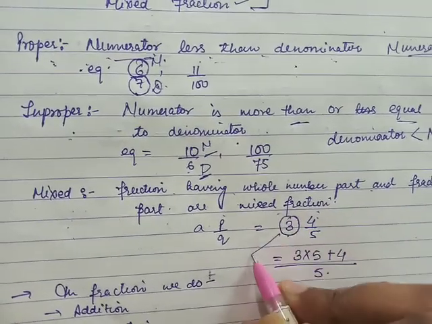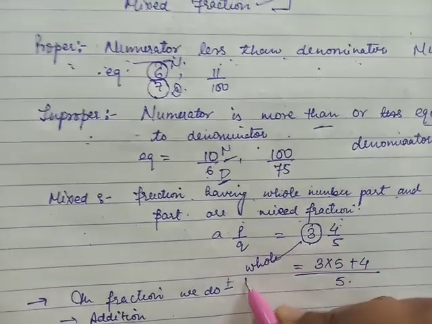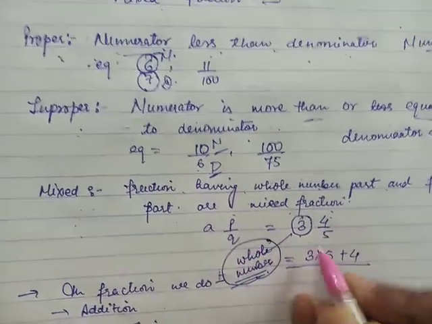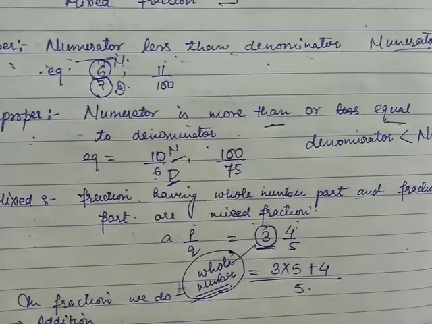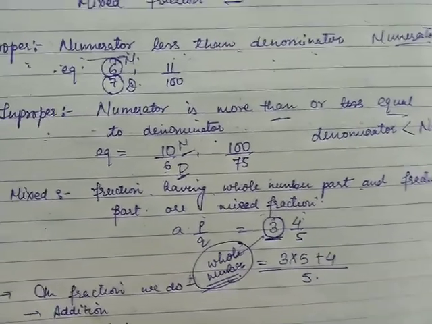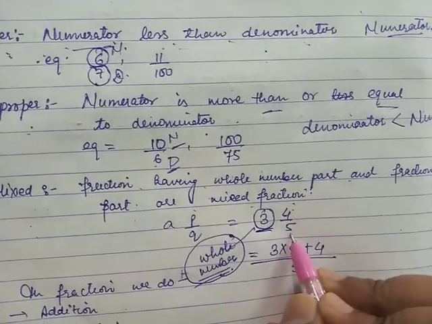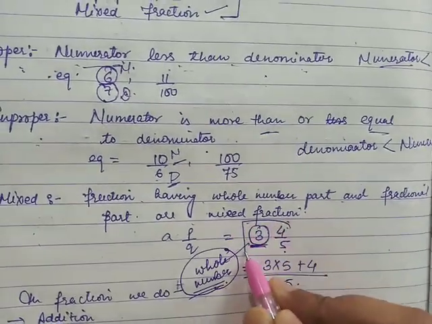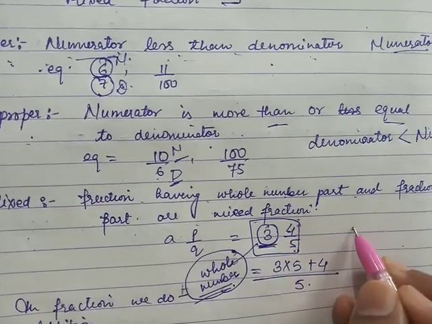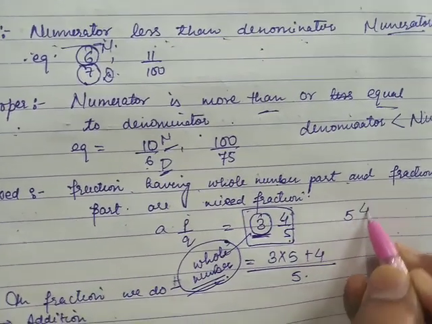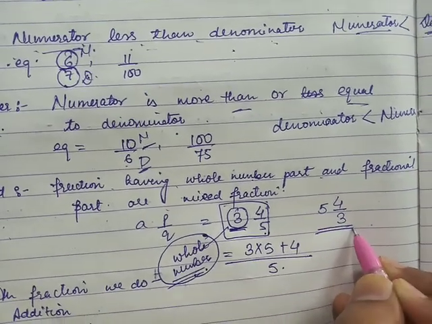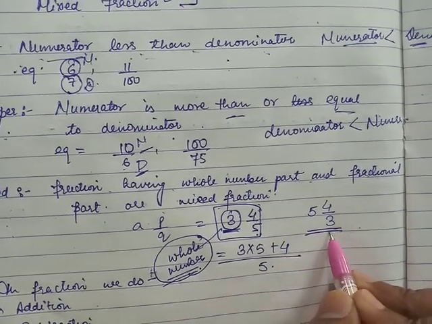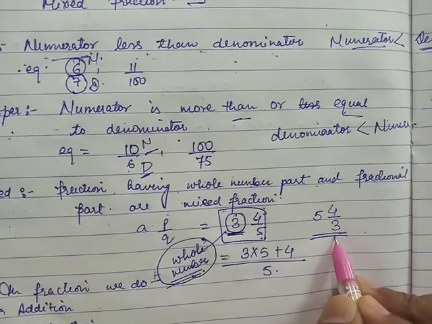This 3 is the whole number, that means it is a total of 3, no other part is missing, and this is 4 by 5. So if any number is written in this form, we will say this is a mixed fraction.